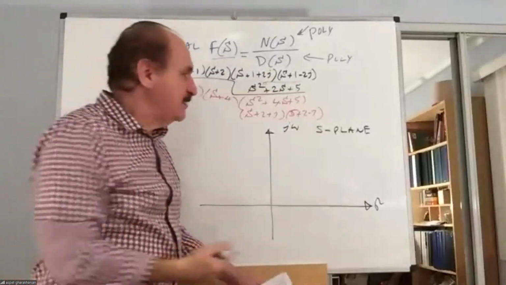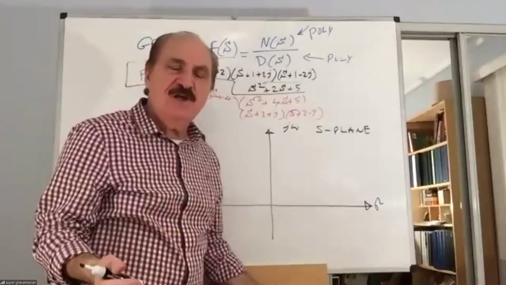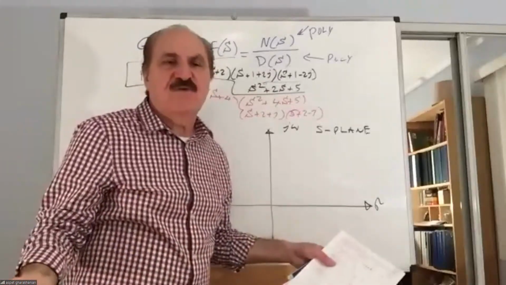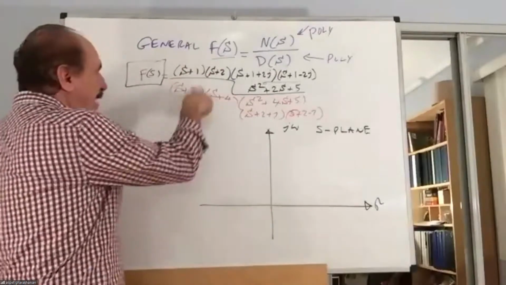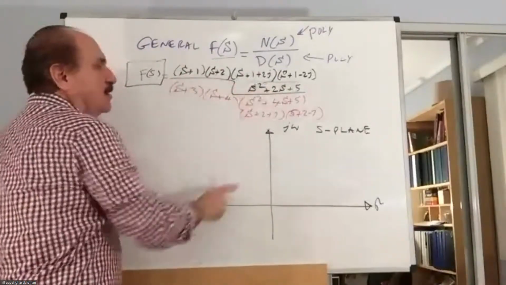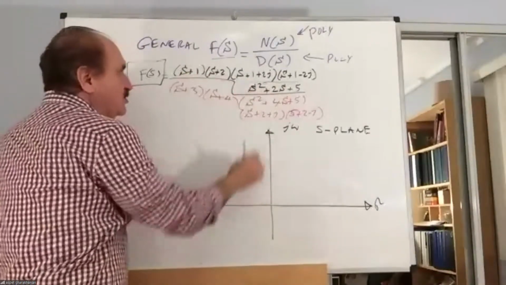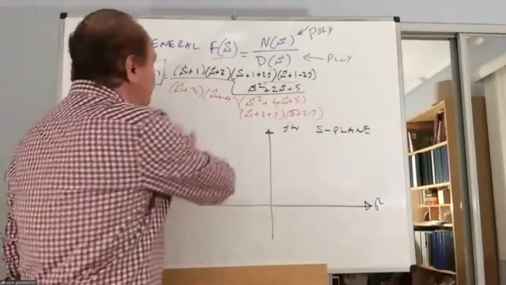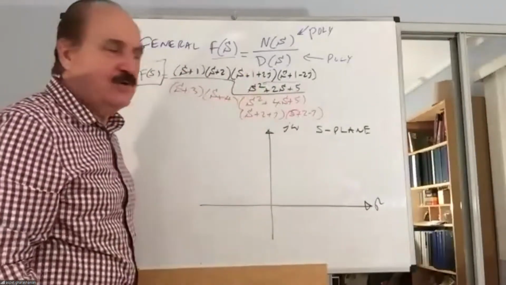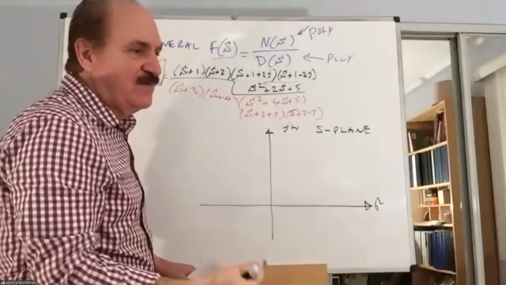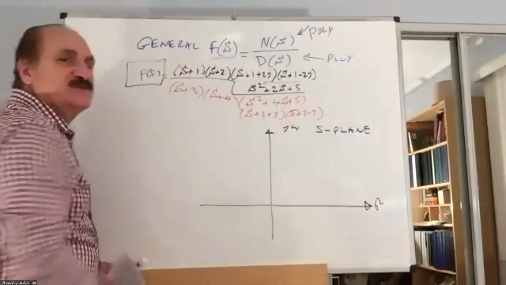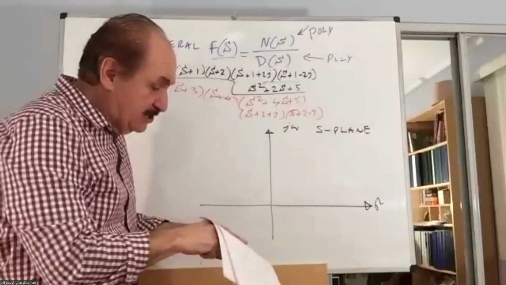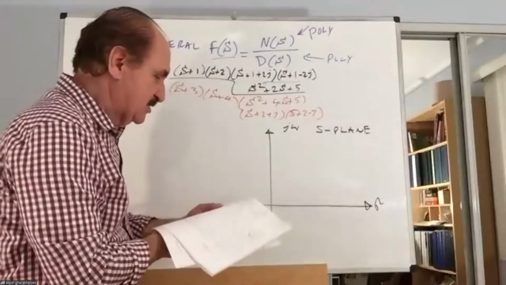If you give me the pole-zero diagram of a function, I can create the function for you. Very simple. The numbers there can be put back into the parentheses. For the zeros, I'll put zeros. For the poles, I'll put the poles, and I will create the function for you. Pole-zero diagram of a function. That is the jargon for F(s). You will hear it millions of times in the control engineering class.